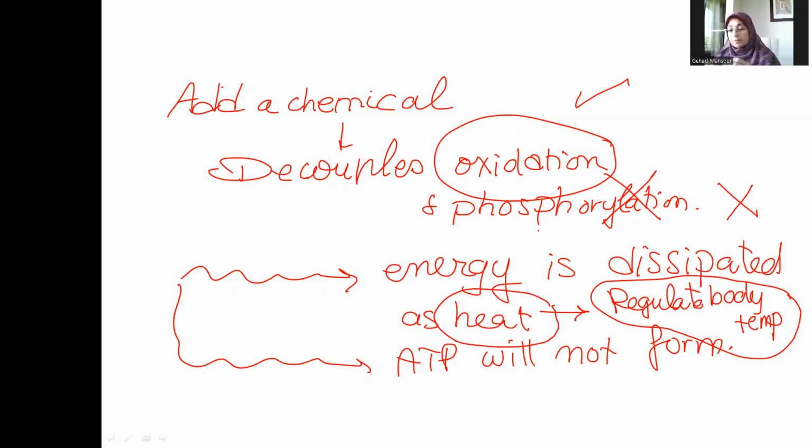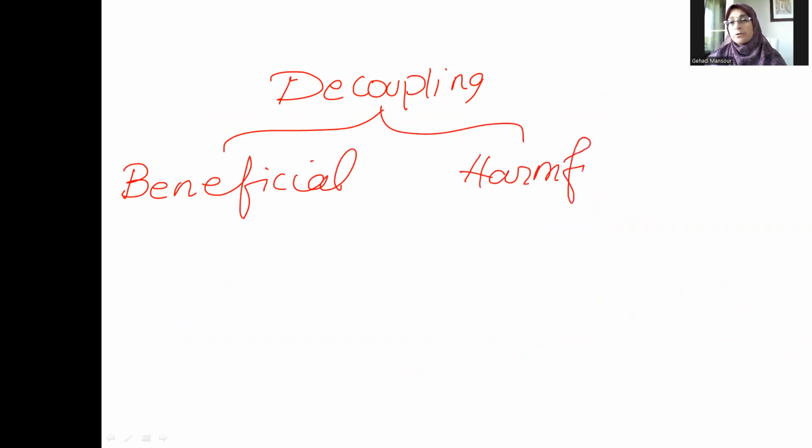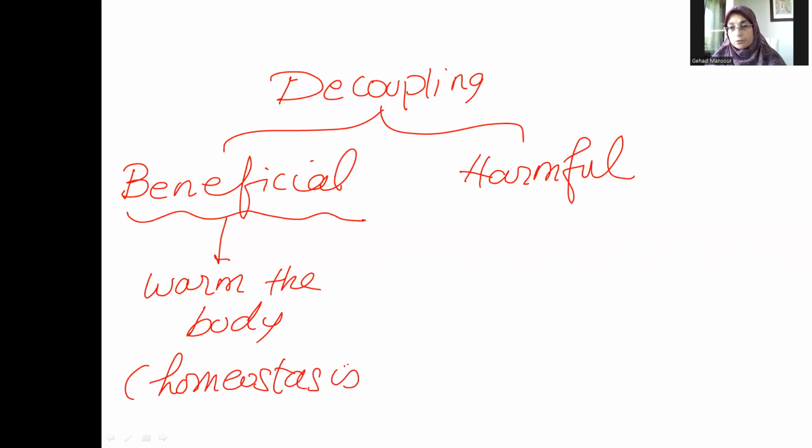And we are going to write this because it is important. Decoupling of oxidation with phosphorylation might be beneficial and might be harmful. When is it beneficial? To warm the body, and therefore it might be important for regulation of body temperature and for homeostasis.